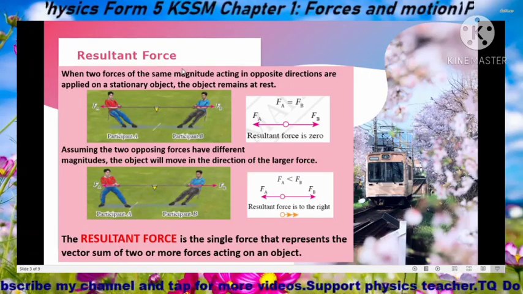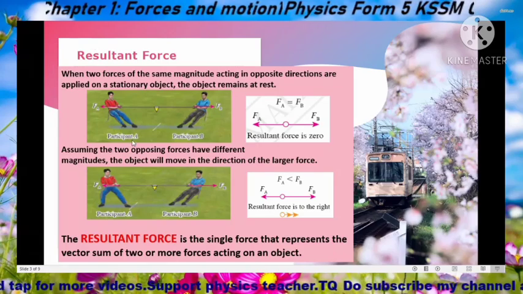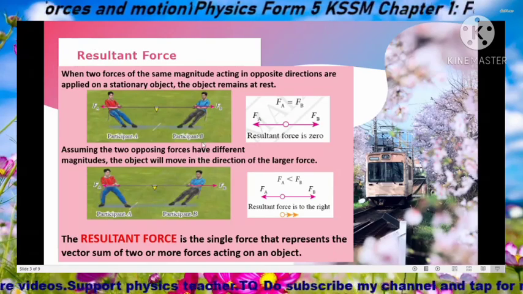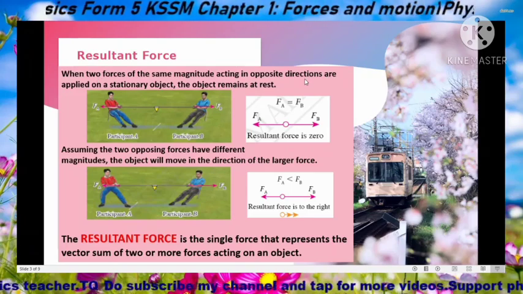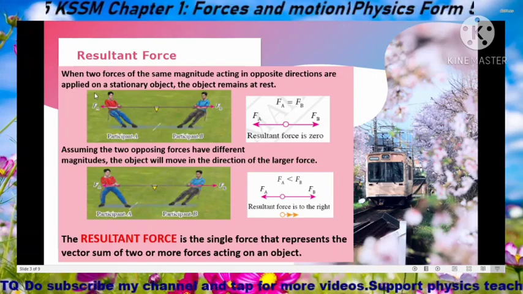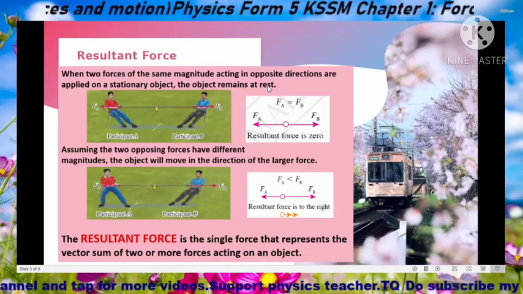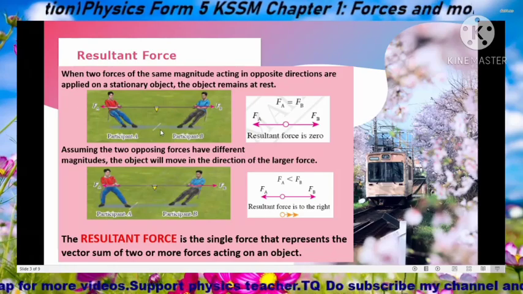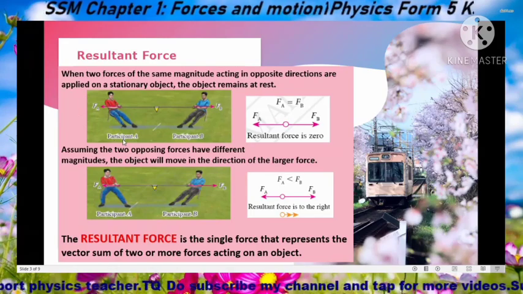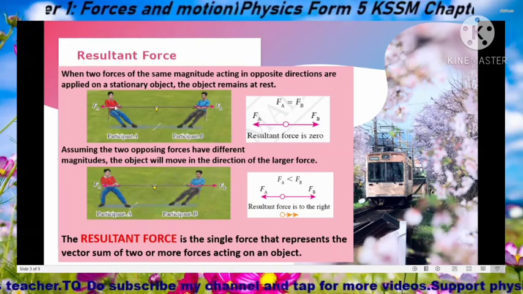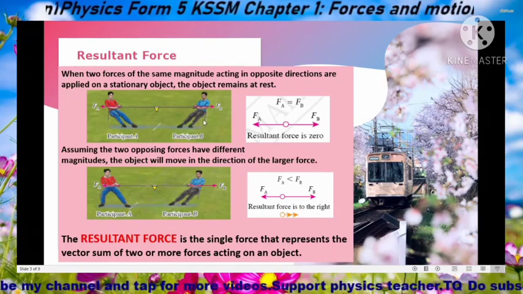Now we want to define what is resultant force. Before that, let's look at this situation. When two forces of the same magnitude acting in opposite directions are applied on a stationary object, the object remains at rest. Look at this one, tug of war competition, pertandingan tarik tali. There are two participants, A and B. Participant A applies pulling force Fa.